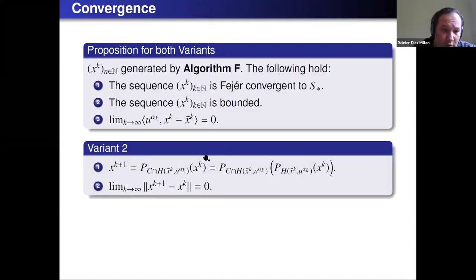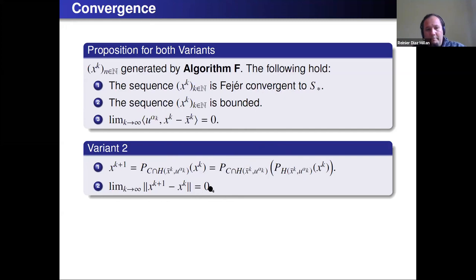For variant 2, Xk plus 1 is equal to this. We can project first on Hk, and after that project on this intersection of sets. This way of computing Xk plus 1 gives us almost the same properties, which we use together with the fact that the limit of the next iteration goes to 0.